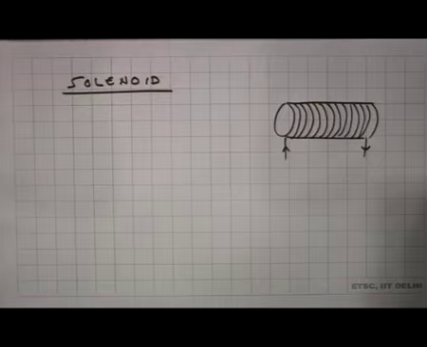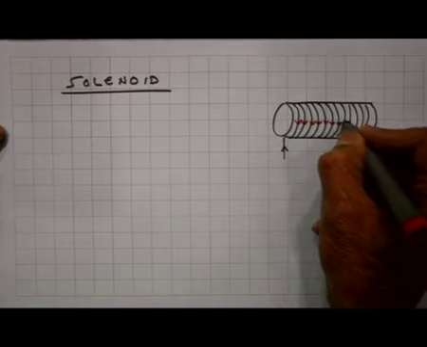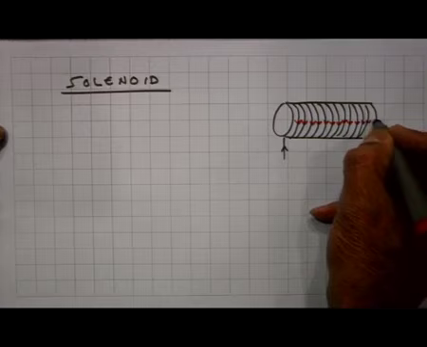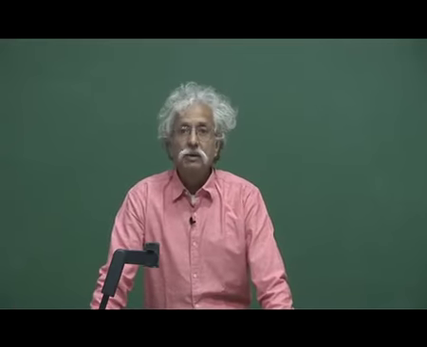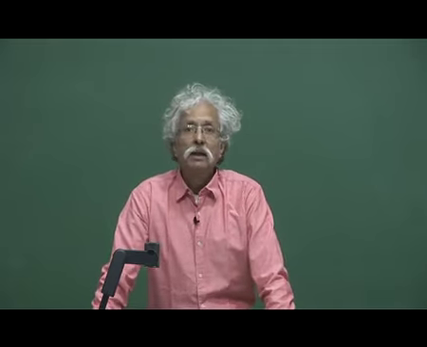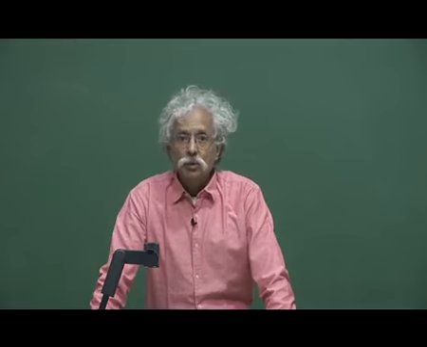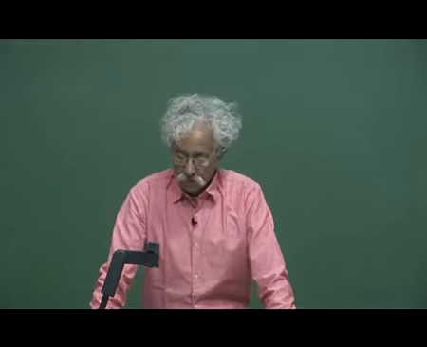If I draw the arrows, the current may be flowing like this. The same current flows through all the wires of the solenoid, and as we have already seen, each current carrying coil will produce its own magnetic field, and the total magnetic field produced by this solenoid will be the sum of the magnetic field produced by all the current elements of the solenoid.